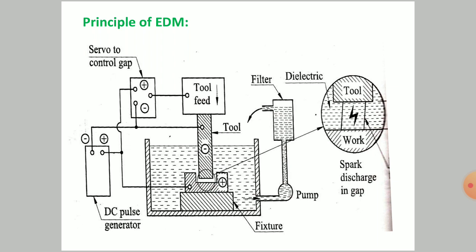And it is mentioned as spark discharge in between the gap. My dear friends, one another point that I would like to mention here: the tool is never in contact with the workpiece. That is the basic difference between the conventional and non-conventional machining processes. It justifies here.